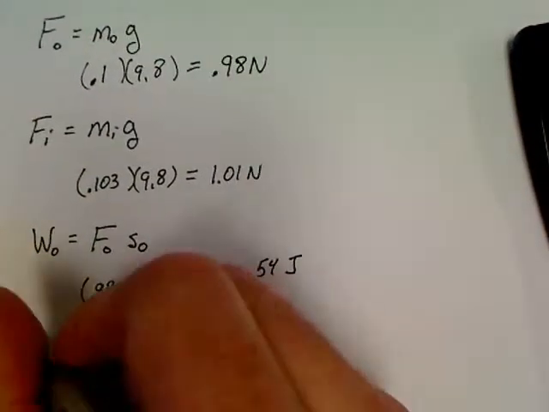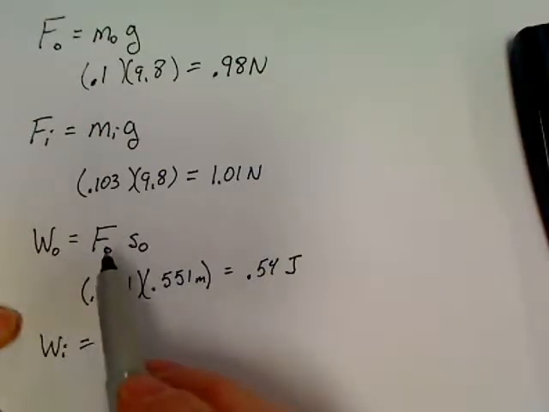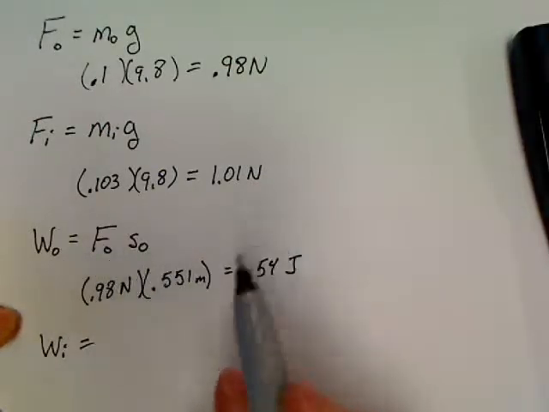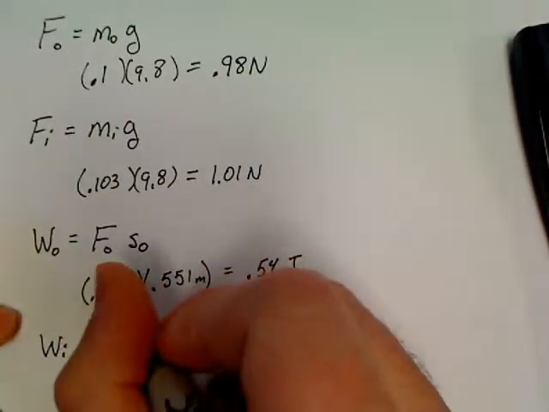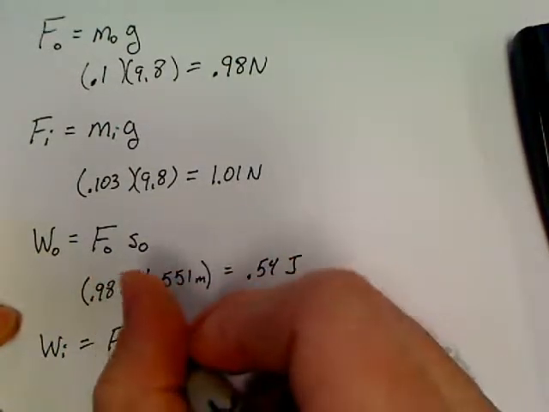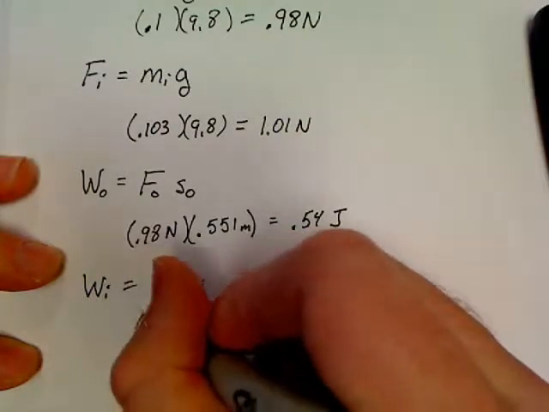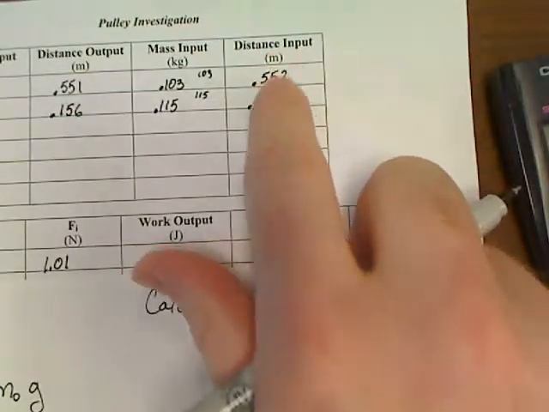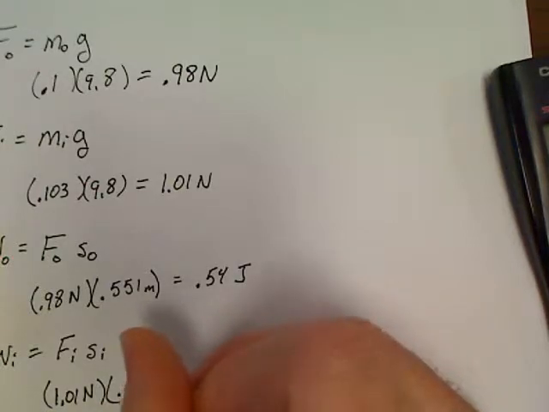Now, to find work input, you should be able to figure it out. If work output is FO times SO, then you can probably figure out work input is FI times SI. My FI is 1.01, so this will be 1.01 newtons times my distance input, which is 0.552 meters.